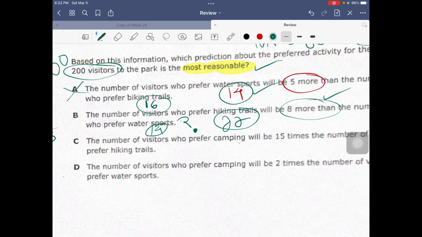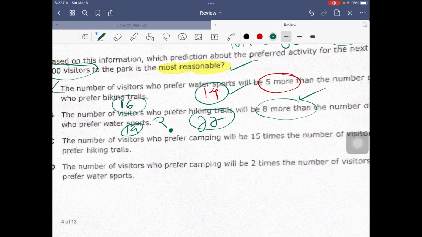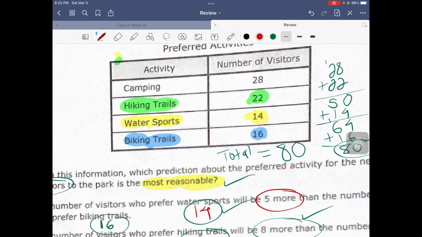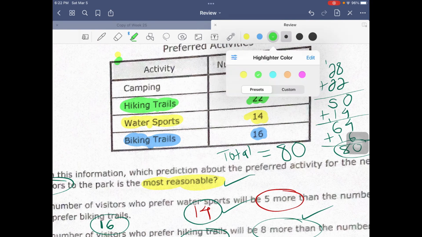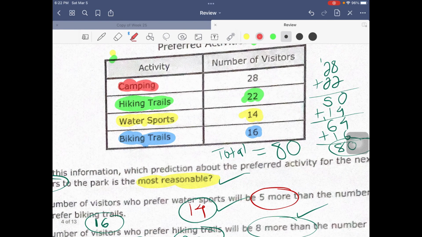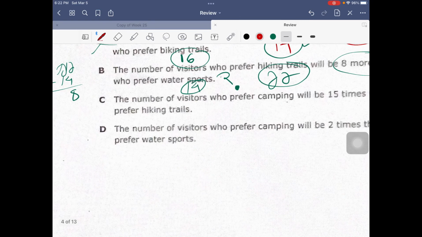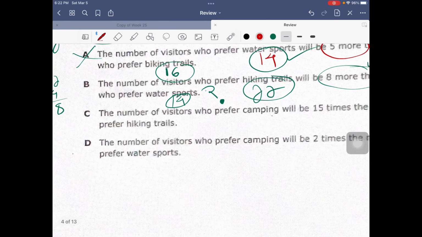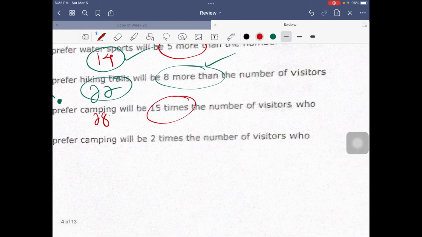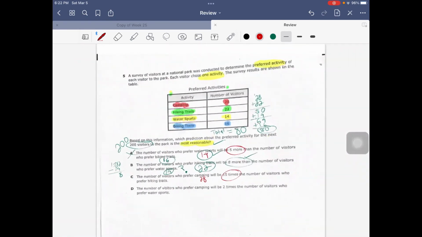C, the number of visitors who prefer camping will be 15 times the number of people who prefer hiking trails. How many people prefer camping? 28. Will be 15 times the number of visitors who prefer hiking trails.